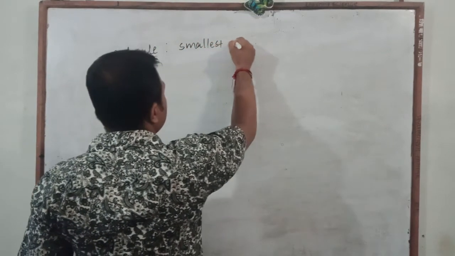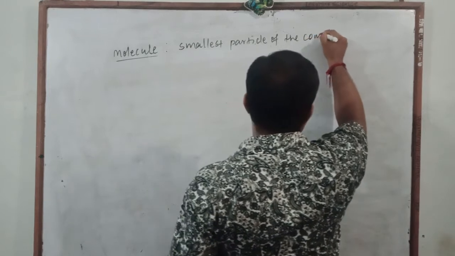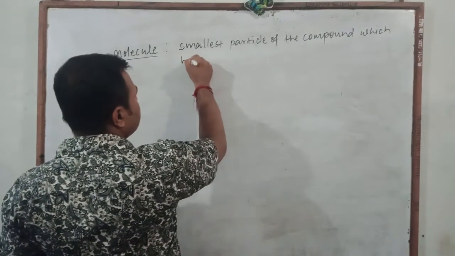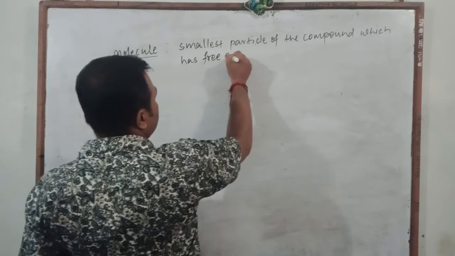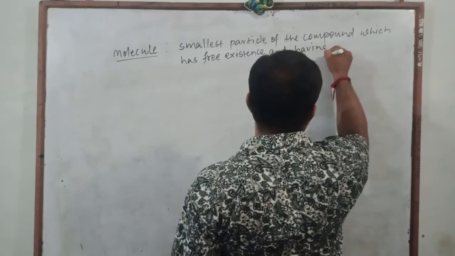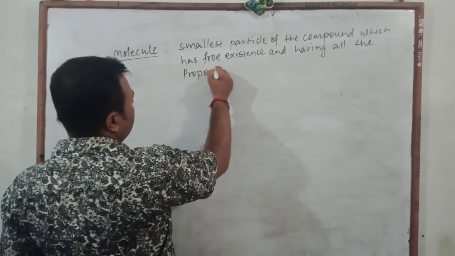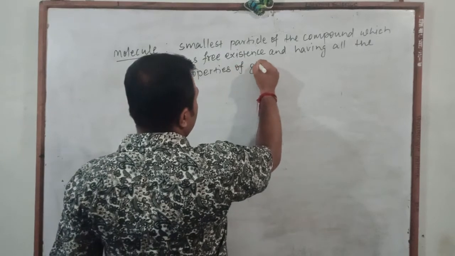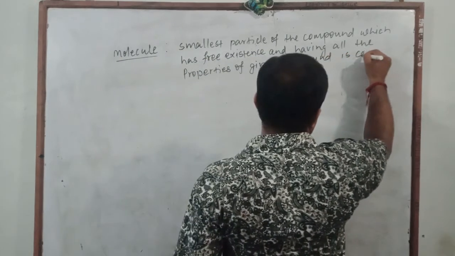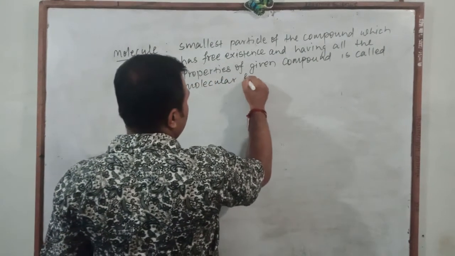A smallest particle of the compound which has free existence and having all the properties of the given compound is called a molecule.